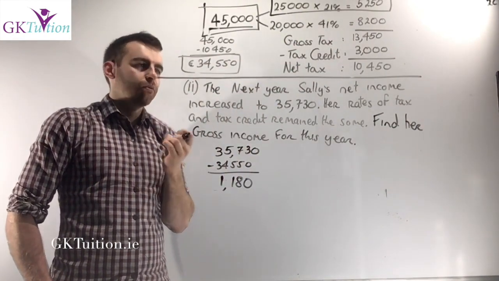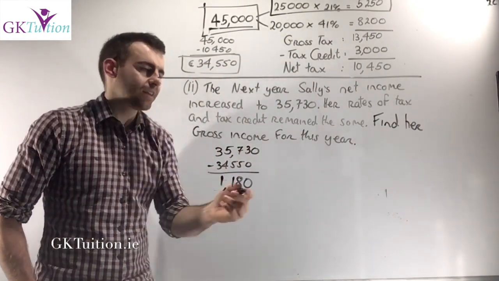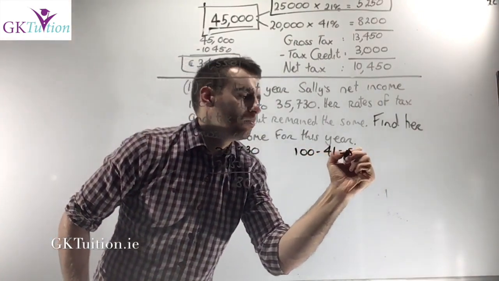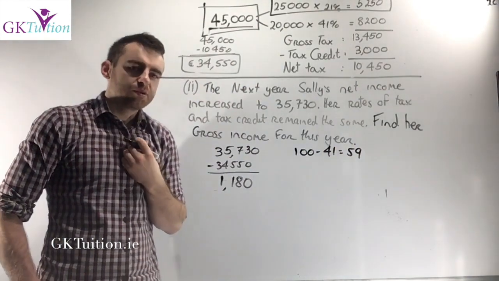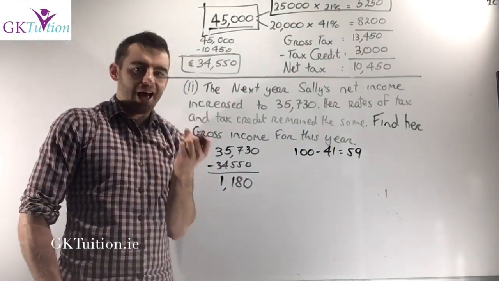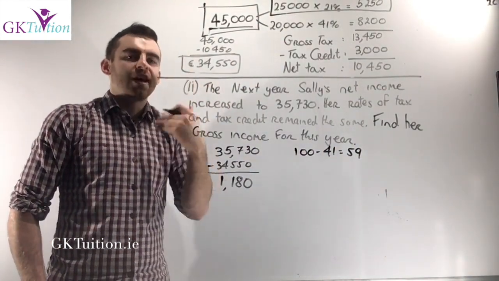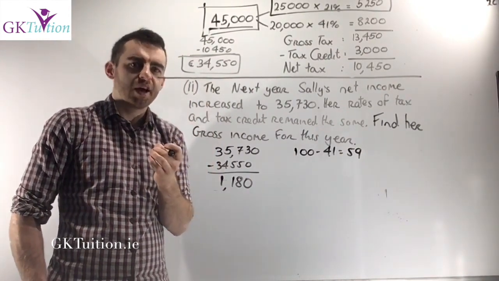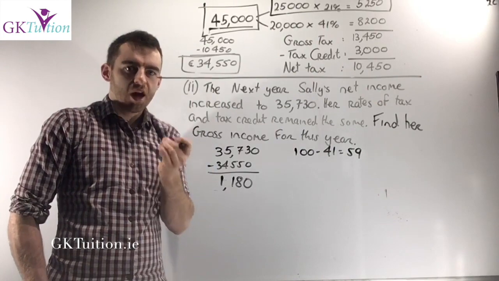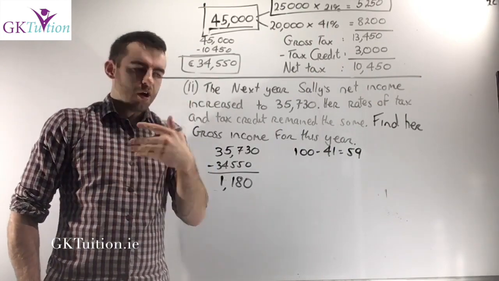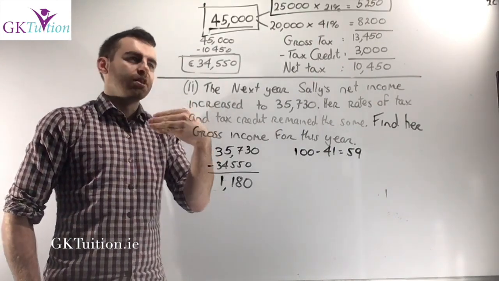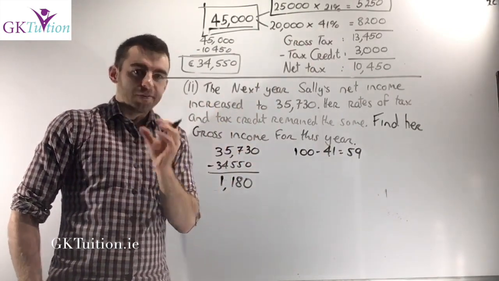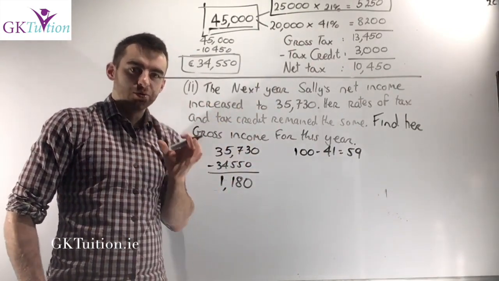If she would have paid 41% tax, let's just think about that. 100 minus 41% leaves me with 59. If she was paying 41% tax on the extra money that she earned, that means she only received 59% of the extra money that she earned. 41% of the increase in her salary went to the government in the form of tax, but 59% of it would have gone into her pocket.